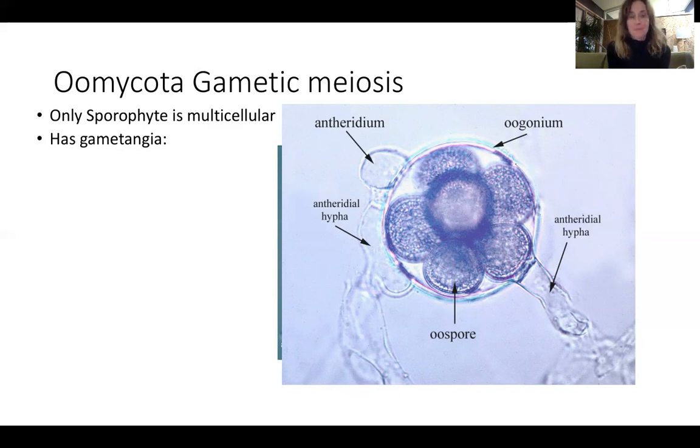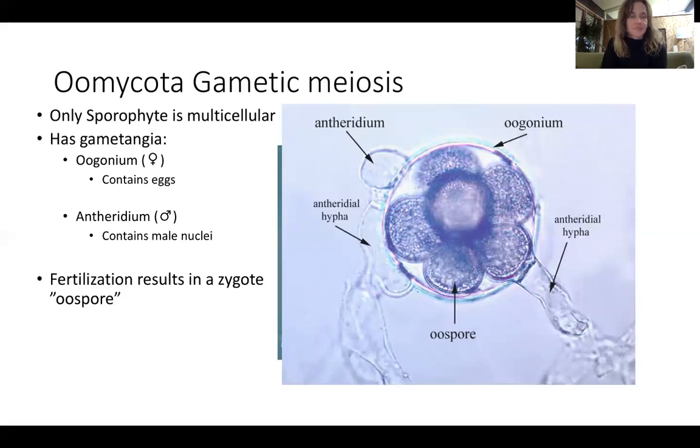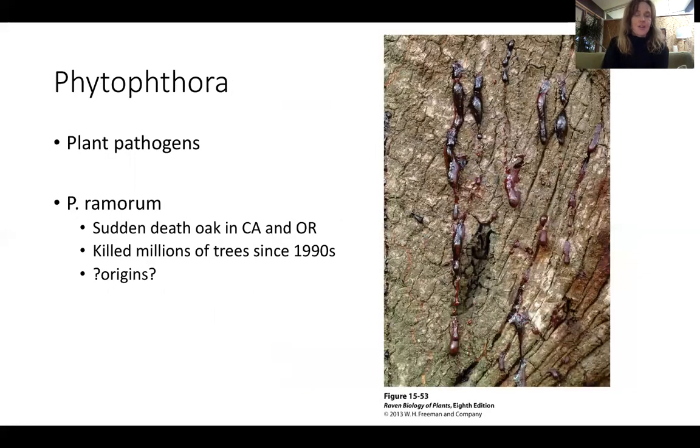In plants, these guys don't have sperm cells, so they're called gametes. Let's just call them gametes. The oogonium is where you're going to find the egg cells, which go on to become the oospores. So the zygote is the oospore, and that goes on to continue the life cycle.